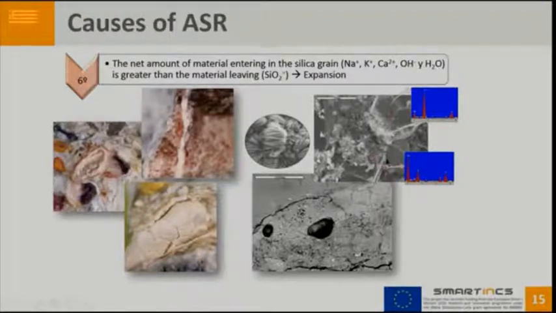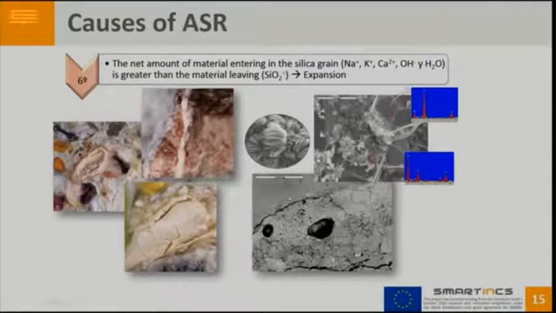In this case, we can see that they have a lot of sodium. That means that it is formed because sodium is the small ion that can enter in the beginning of the reaction to the interior of the aggregate.